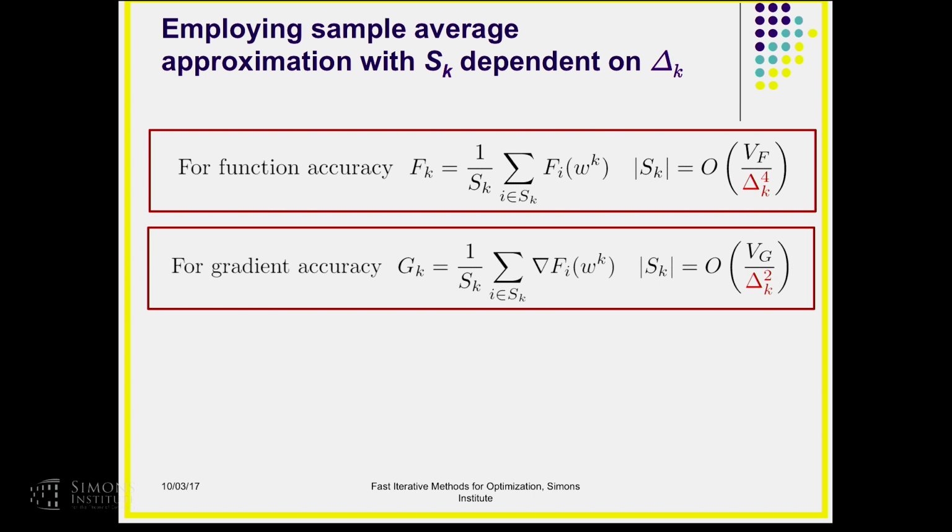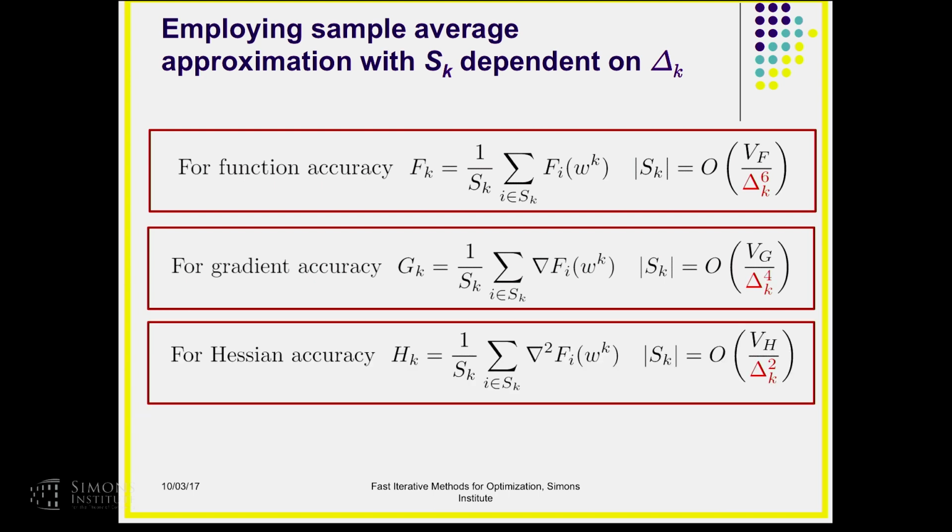It really depends on the size of your trust region. You're currently at some iteration, you have a size of the trust region, you know how far you're going to go, and you know how big your sample size has to be to achieve appropriate accuracy with sufficient probability. This is for first order convergence, and this is for second order convergence.